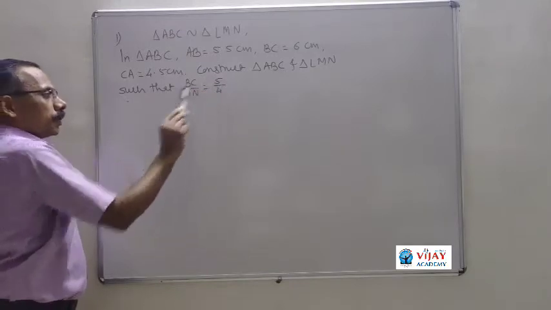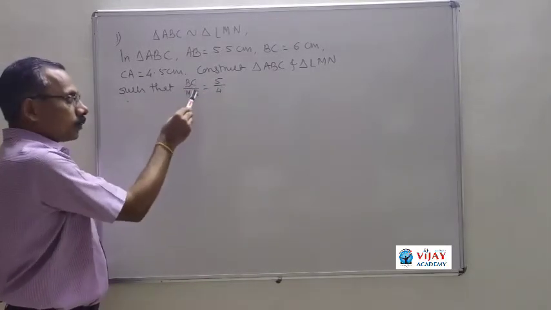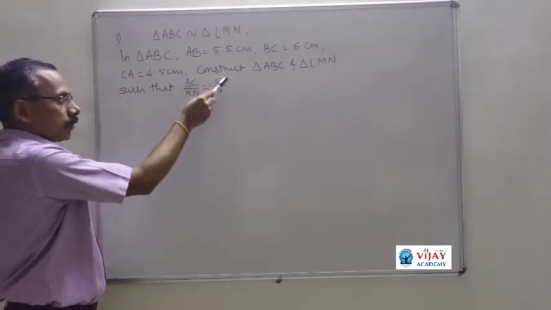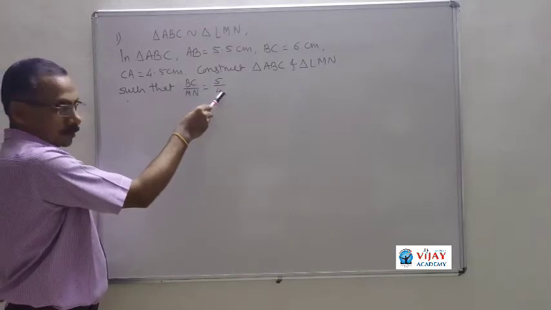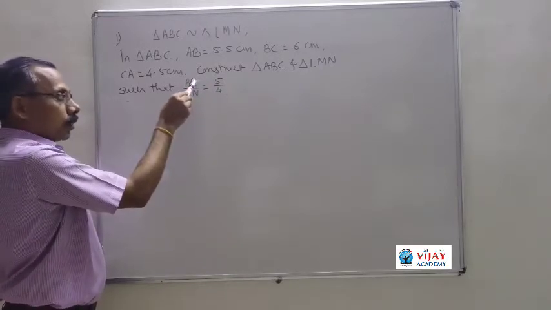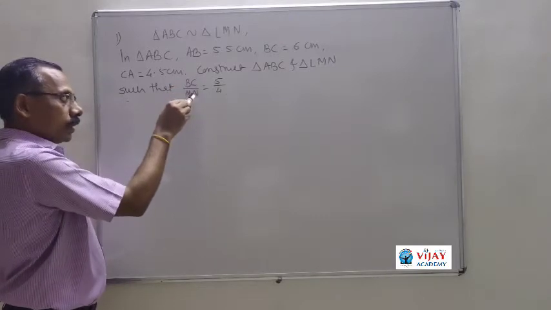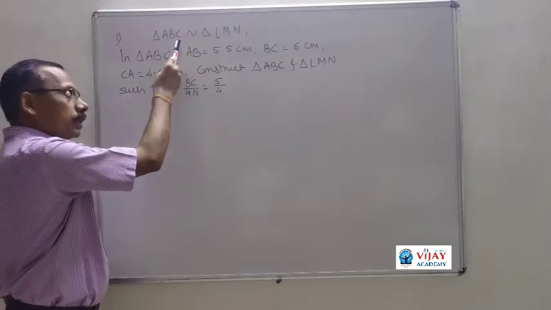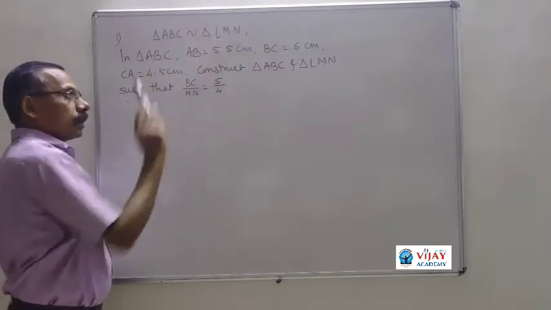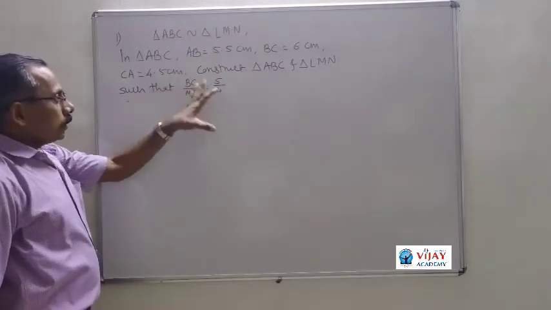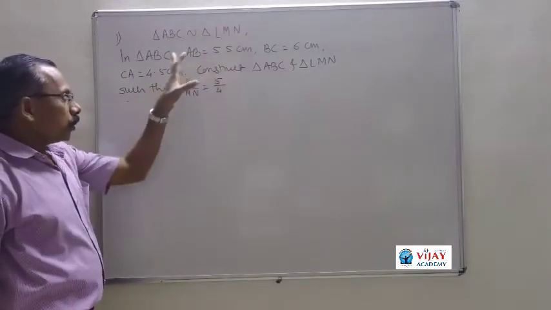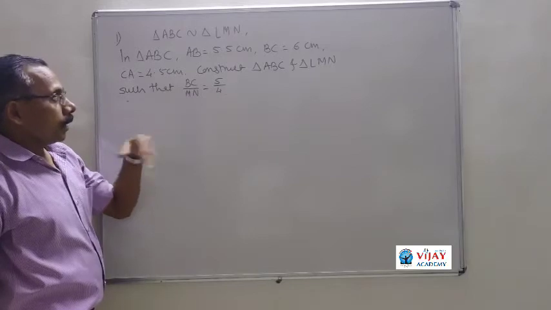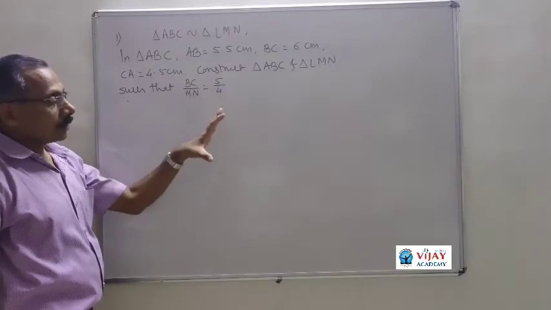If we take x as a common multiple, BC is equal to 5x and MN is equal to 4x. So BC is greater than MN, which indicates that triangle ABC is bigger than triangle LMN. Here the vertices are different, so you have to find separately the values of LM, MN and LN. Then we construct separately.